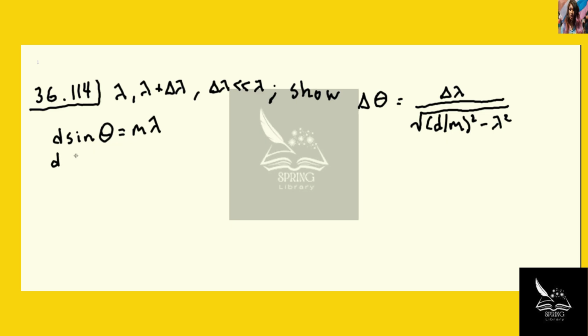And similarly for delta lambda, we have d sine theta plus delta theta equals m times lambda plus delta lambda.